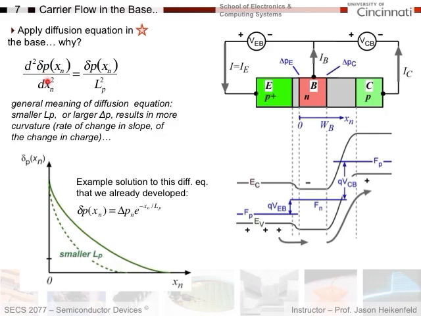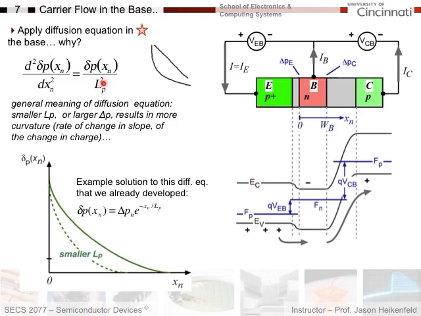What is the change in concentration? It's not necessarily slope, which would be constant, but it's saying that my slope is changing. So how does my slope change with distance? And it's saying that's equal to the excess I have divided by LP squared.